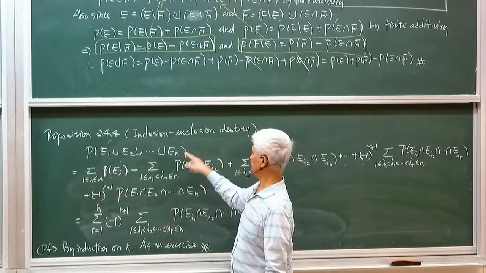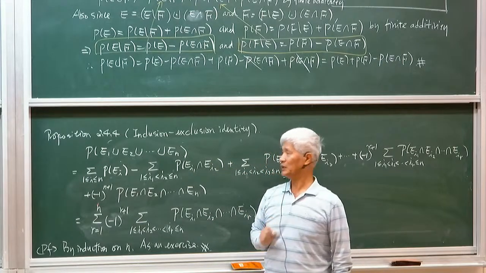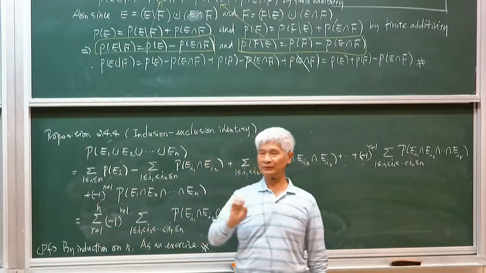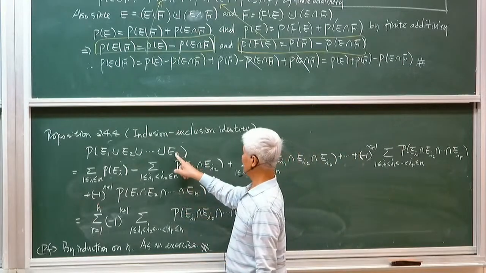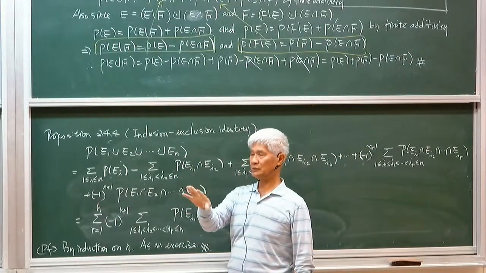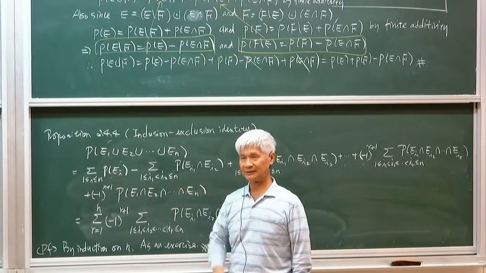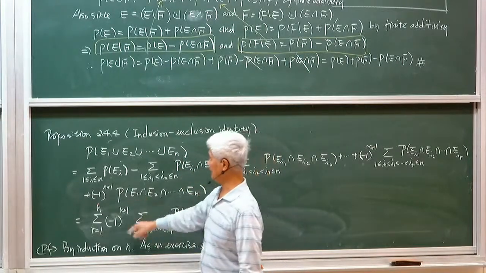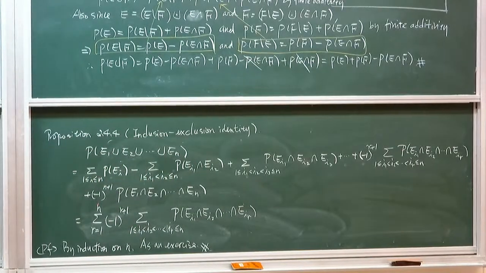Then you prove that if n becomes n plus 1, do we have the same or a similar formula? Or you can say, when n equal to k is true, how about n equal to k plus 1? Yeah. So this is the induction. This is the exercise for you to do. If you have questions, you can ask the TA next Monday.